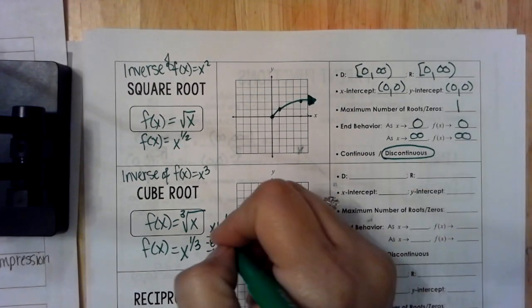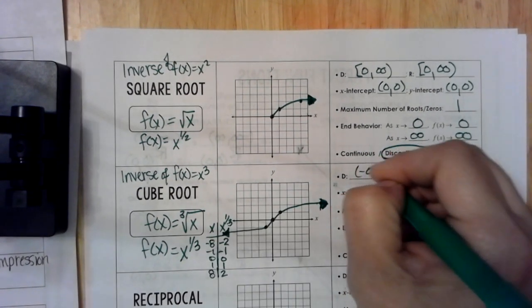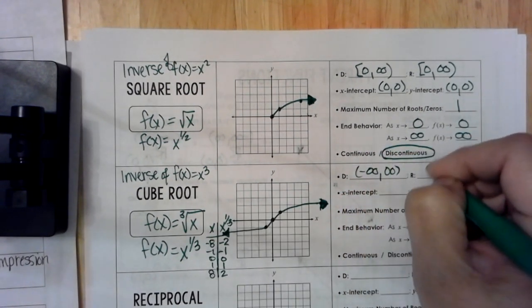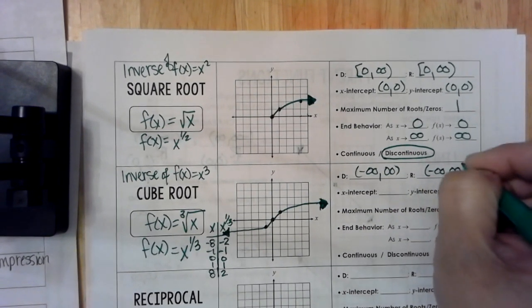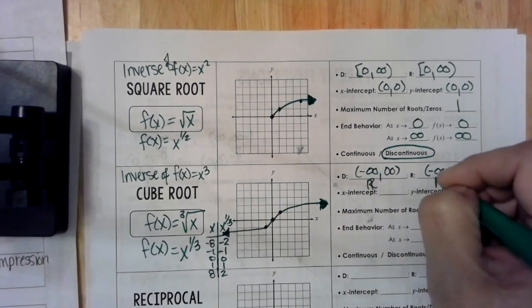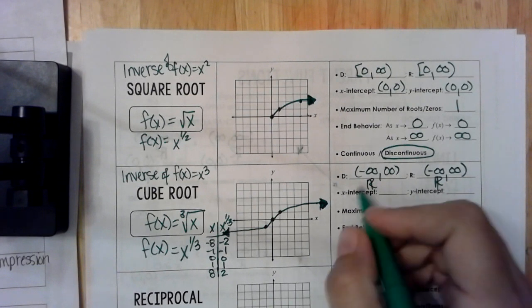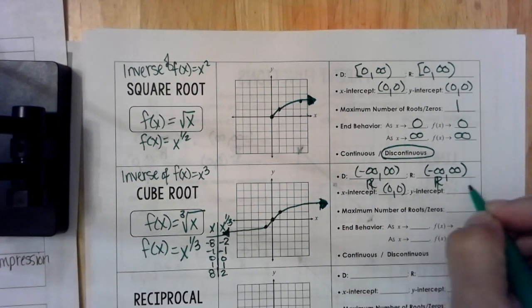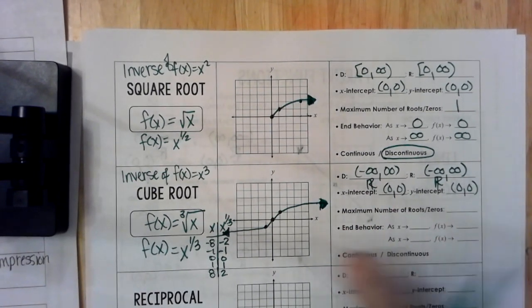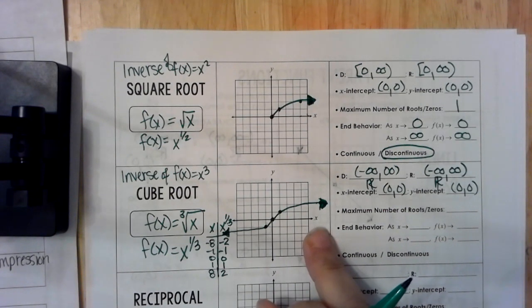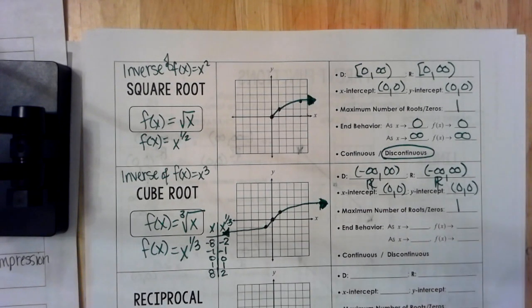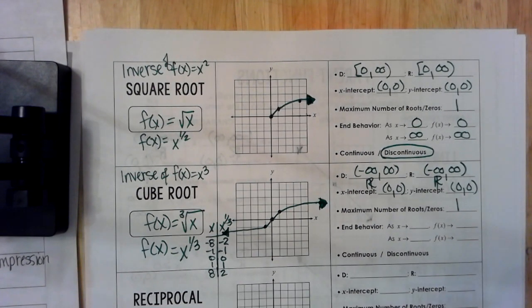So we have -infinity to infinity for our domain, -infinity to infinity for our range, so all real numbers. Our x-intercept is still (0, 0) through the origin. And this one also, if we shift up and down, we'll only end up with one spot, because as you shift up and down, left and right, it will stay one place where it's crossing, as opposed to 3 on its inverse.